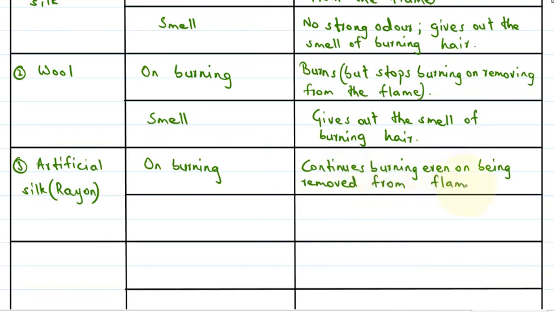So even when we remove rayon from the flame, it keeps on burning because it is an artificial fiber. And what kind of smell does it give out? It gives out the smell of burning paper, whereas natural silk gave the smell of burning hair.